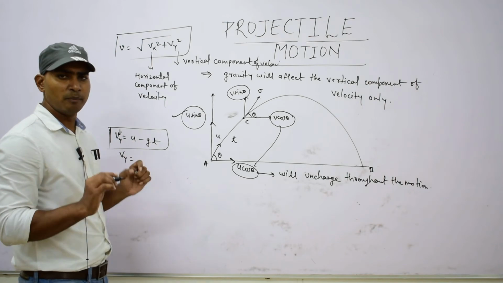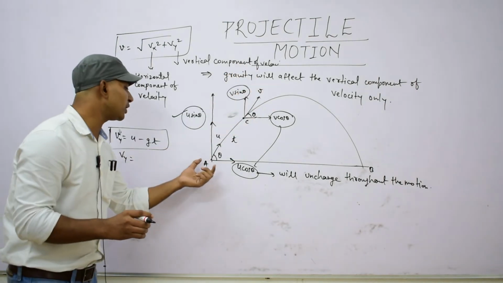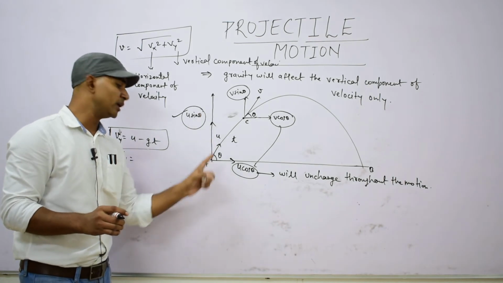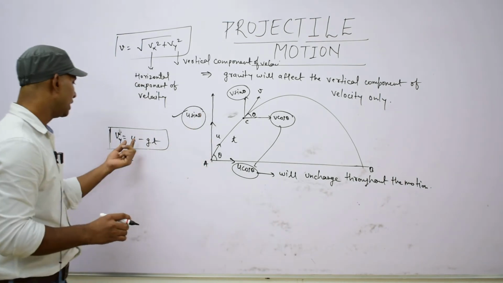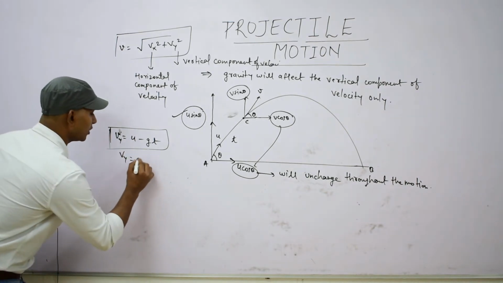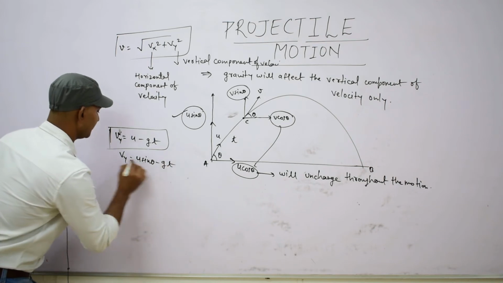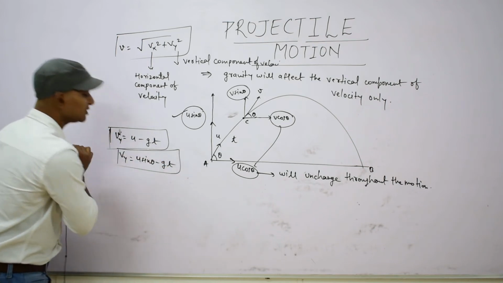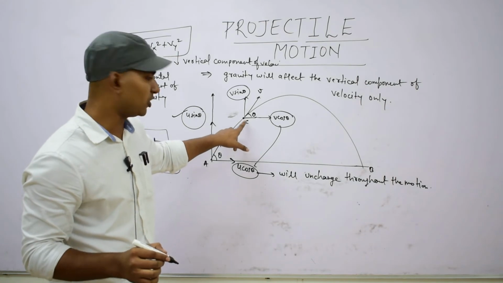If I am considering vertical motion only, then I have to take a vertical component only. So at the start, the vertical component of the velocity is u sin theta. Means in place of u I can put u sin theta minus gt. By the help of this formula, I can find the vertical component of the velocity at this particular point C.